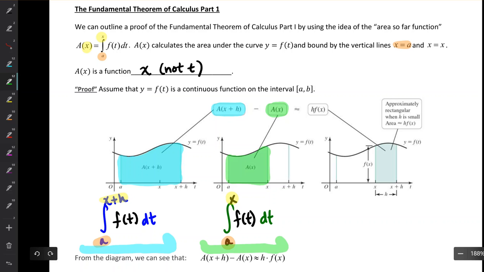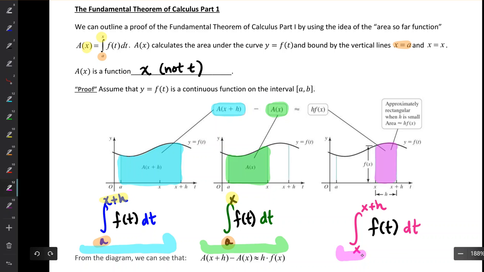Now here, this pink area is the area under the curve f going from x to x plus h. X to x plus h, area under f. That's exactly what that pink area is.